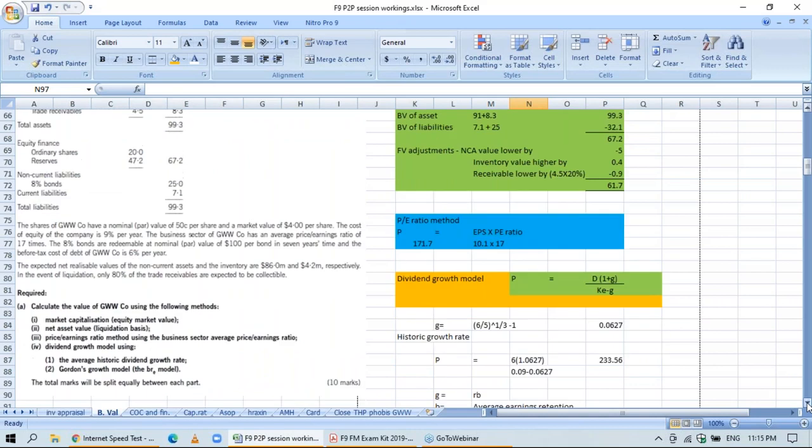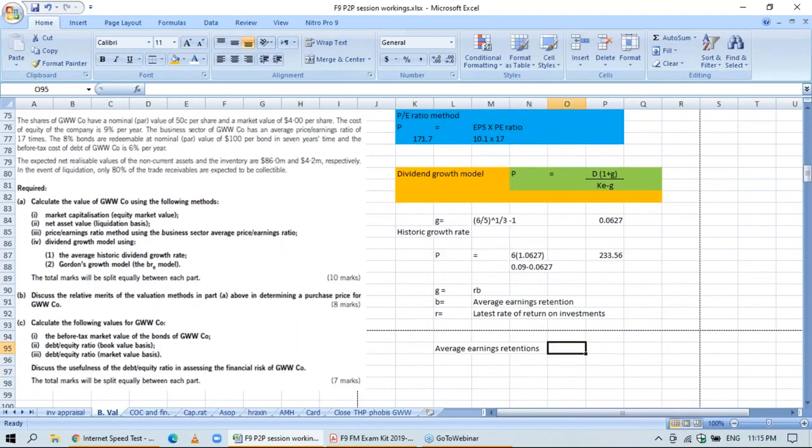So let me calculate average retentions first. For average retentions, 8.5 was the first profit, then 8.9, then 9.7, then 10.1. And from this deduct the dividends.